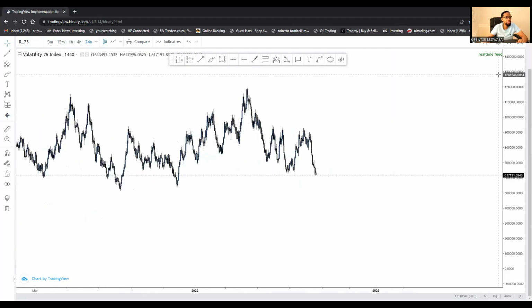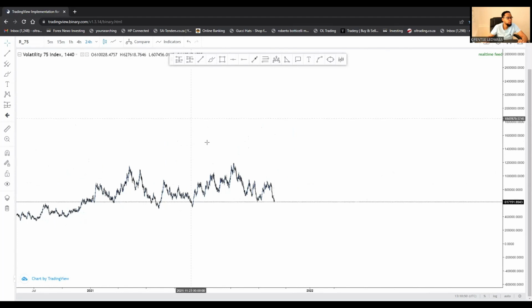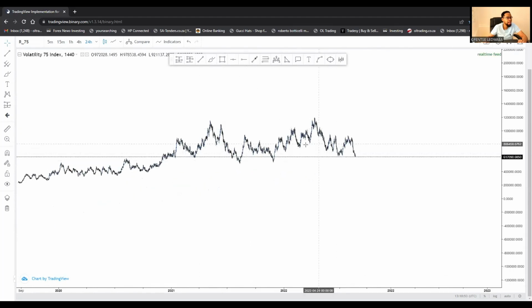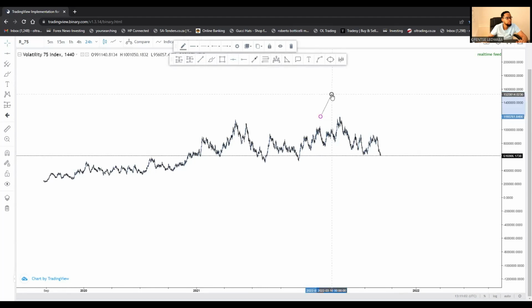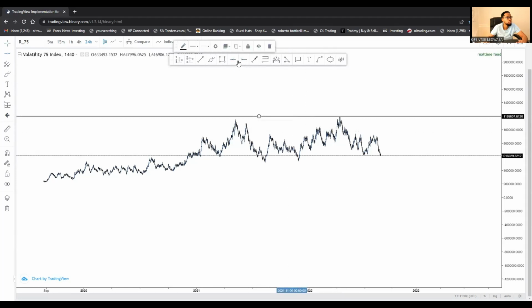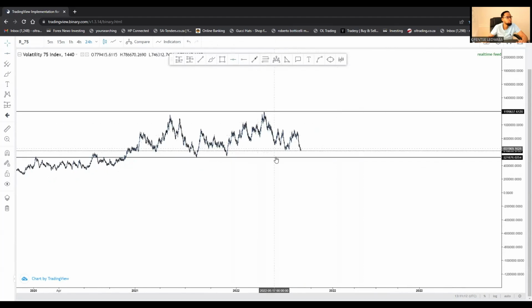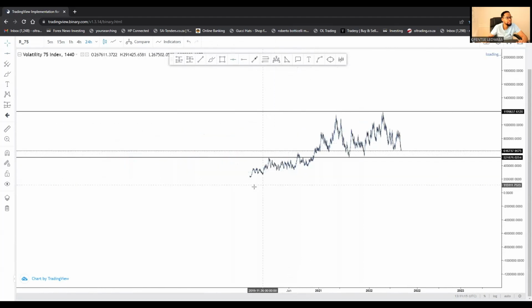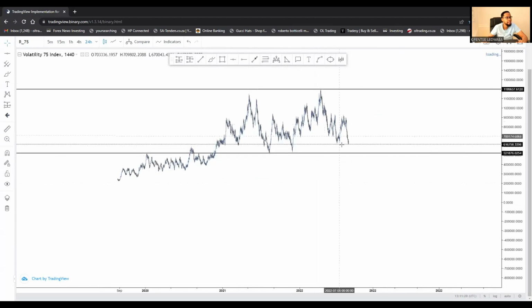Looking at this, I can already see that we were in a range, and within a range we have upward and downward movement. So I can see we are basically not in a trending market as opposed to here, but we are in a range.